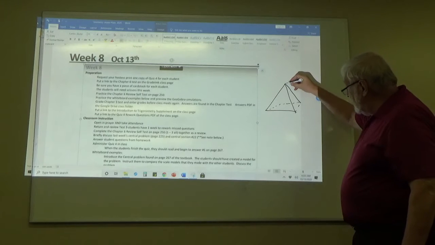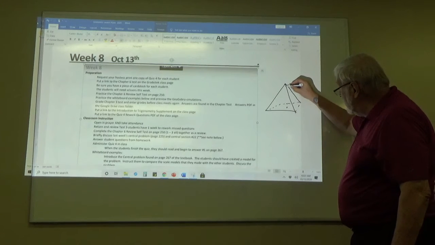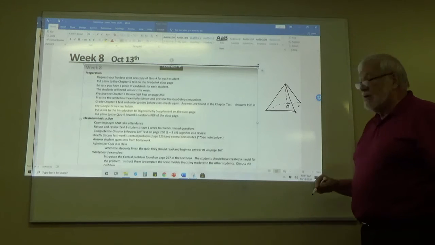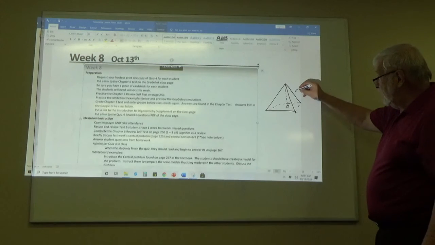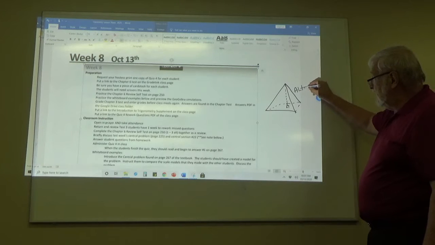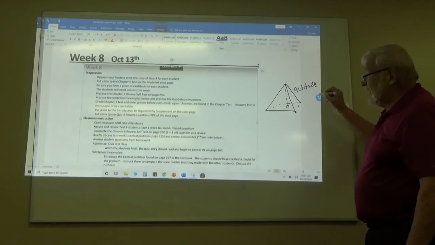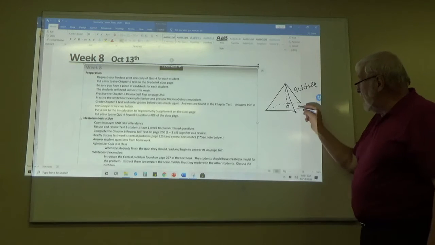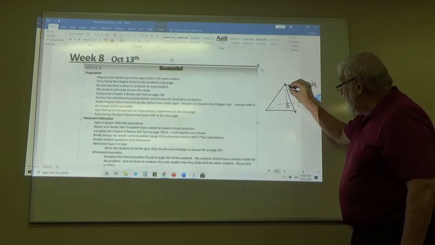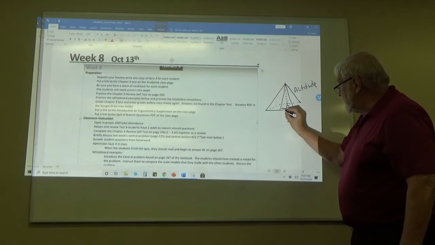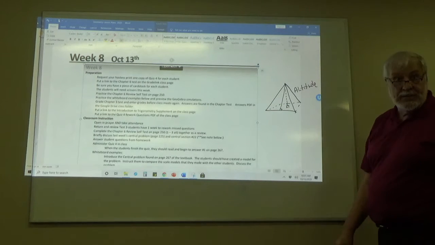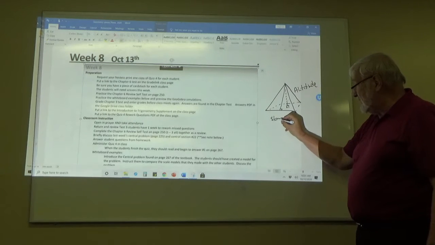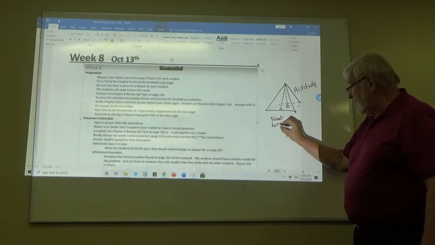From here to here, with a right angle in the center, that's the altitude. That's how high this point is away from here. And then I have another line that goes like this, which is perpendicular to here. This is called the slant height.